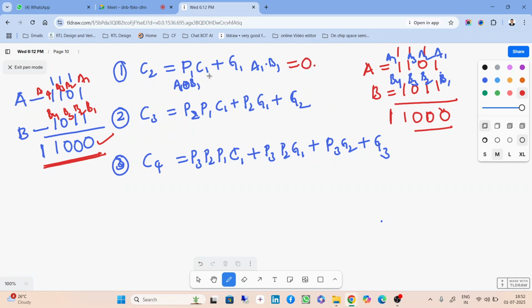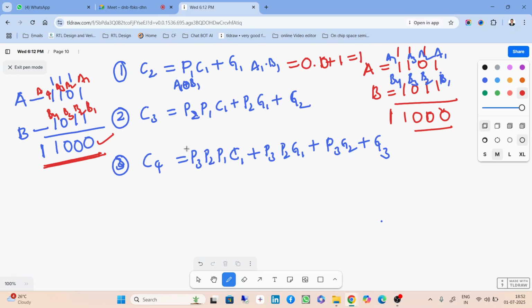And C1 equals the initial carry. Let us take the initial carry as 0. And G1 equal to A1 B1, which equals 1. So that means C2 equals 1, no?